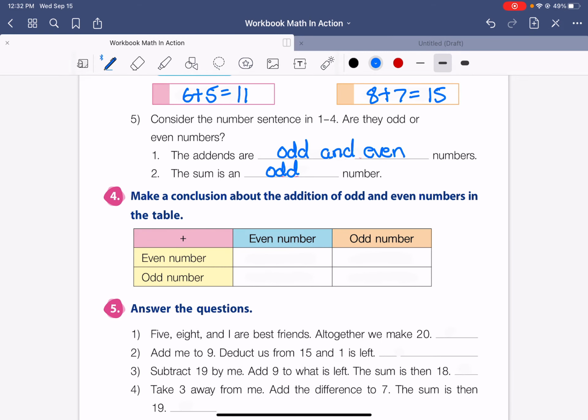Even plus even, we get an even number. Okay. Even plus odd, we get an odd number. We're going to write odd number.